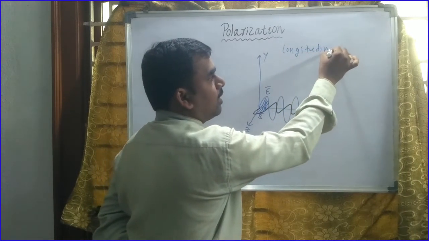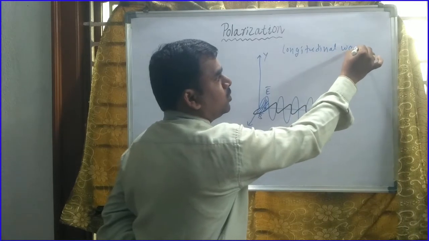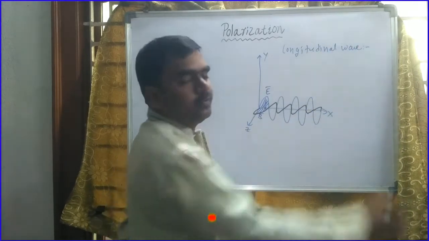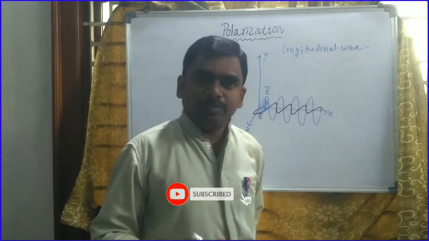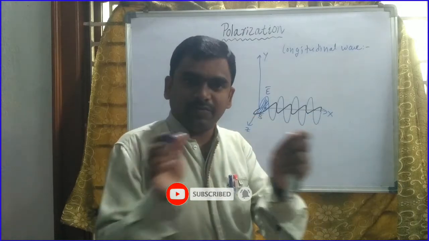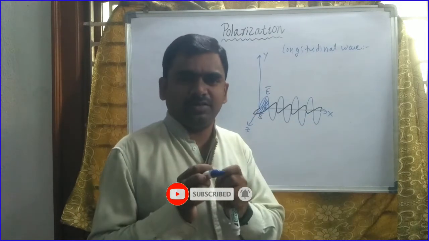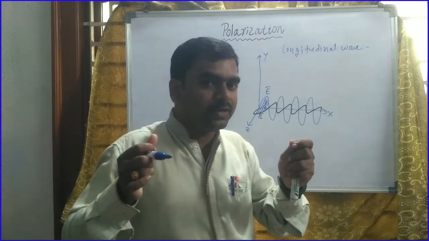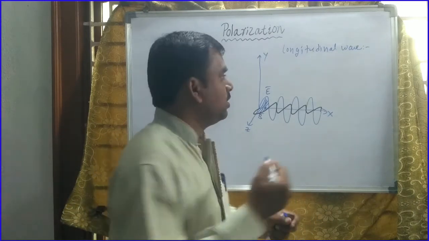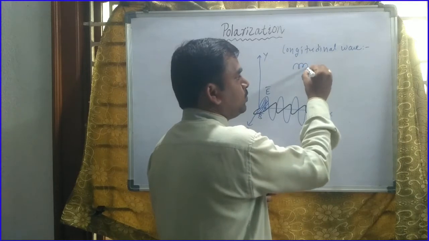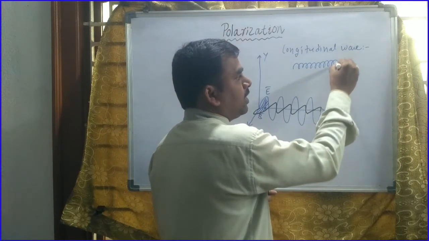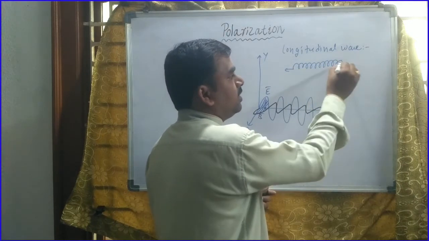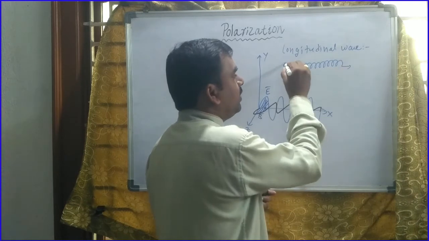What is a longitudinal wave? For example, if you take a normal spring, you expand it like that and leave it. What will happen? You can observe the vibrations. Suppose we are pulling this side and also this side, and then we leave it.